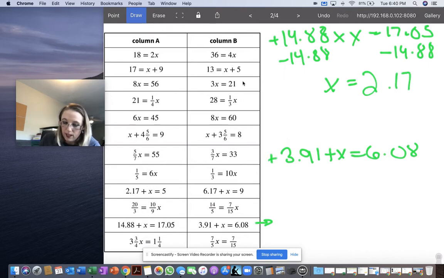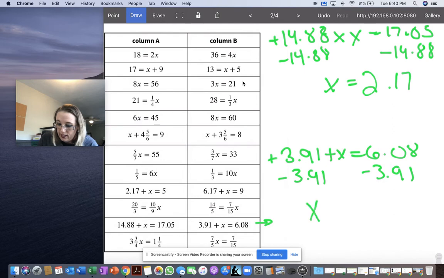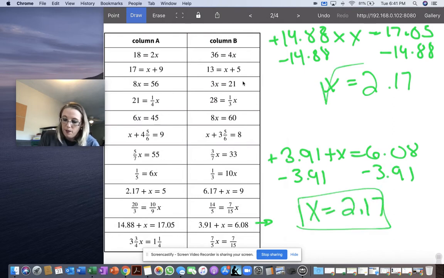Same thing here, addition sign out front. Subtract 3.91. You're going to get x equals 2.17. Okay? Pause if you need to.